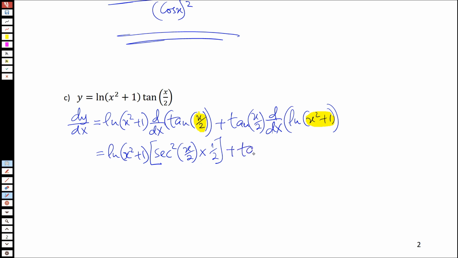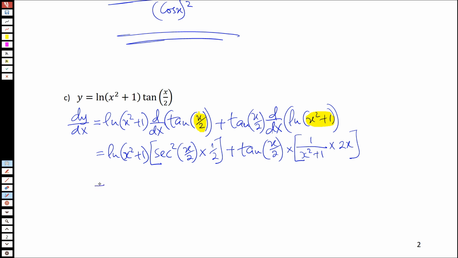Plus here we have tan of x over 2 multiplied by the derivative of ln, which is just 1 over whatever is inside, so that will be 1 over x squared plus 1, multiplied by the derivative of the inside, which is 2x.